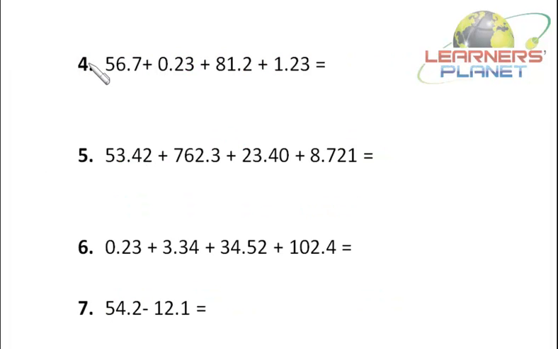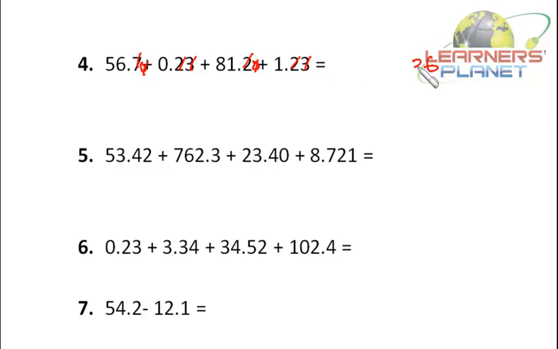Now the next problem. I put a 0 over here and I put a 0 over here. After practice, you need not put these zeros over here. Okay friends, so let's begin. 0 plus 3, 3 plus 0, 3 plus 3, 6. Then 7 plus 2, 9 plus 2, 11 plus 2, 13.